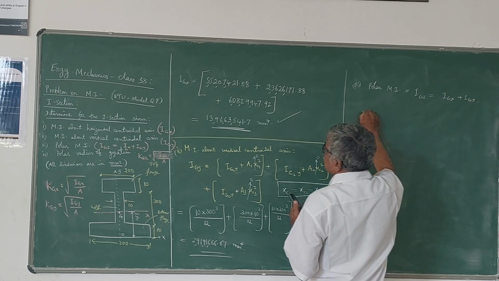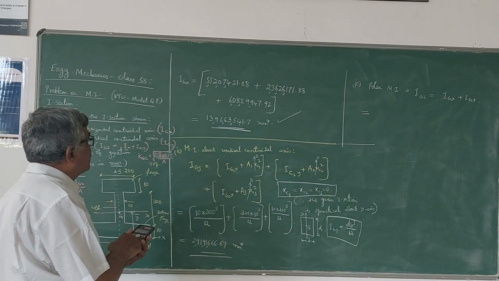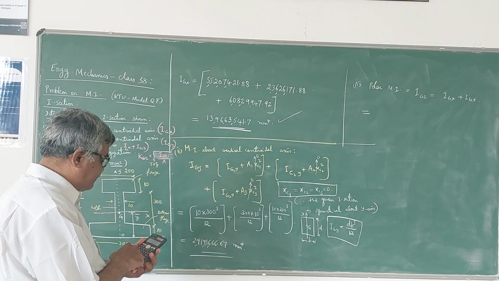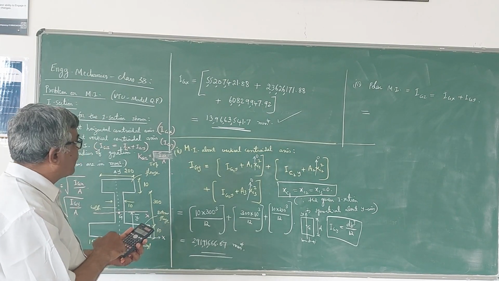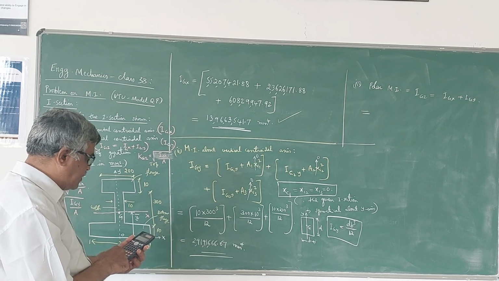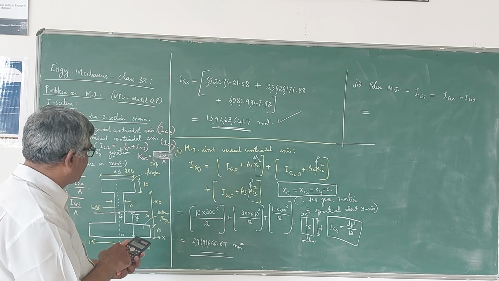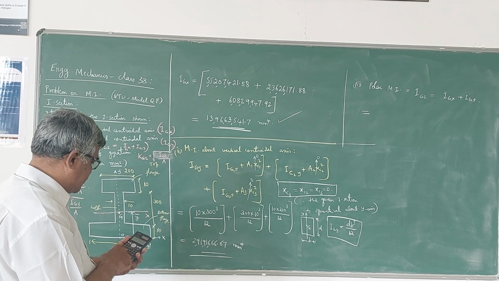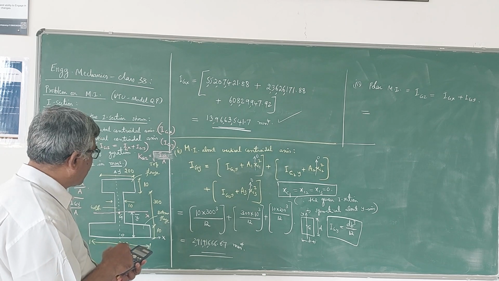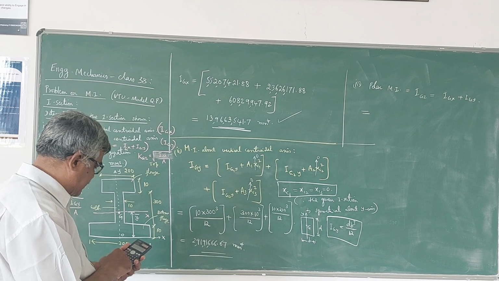Now Igx is this value, 139663541.7, plus Igy will be 29191666.67.